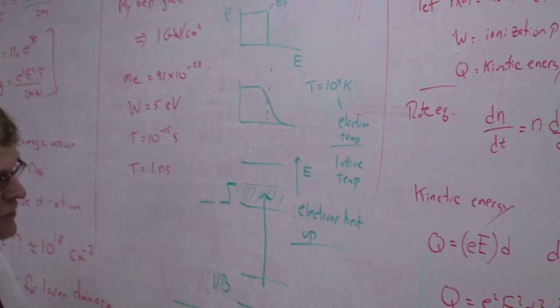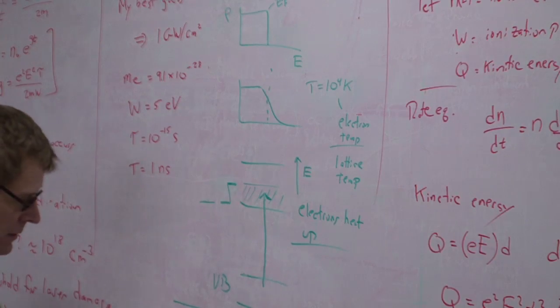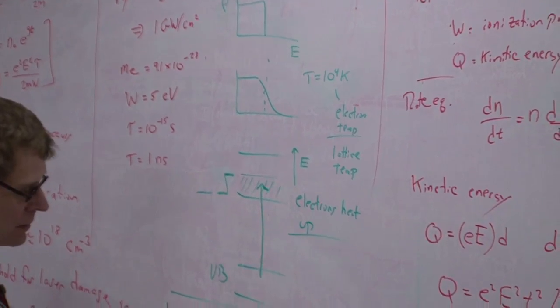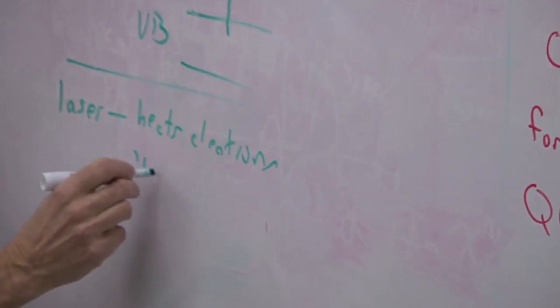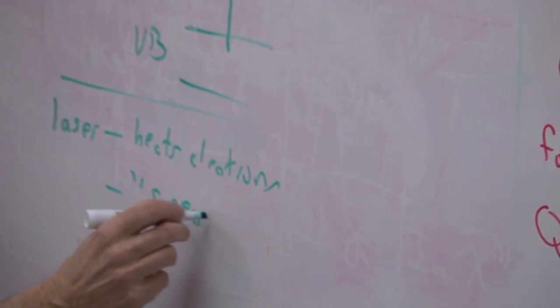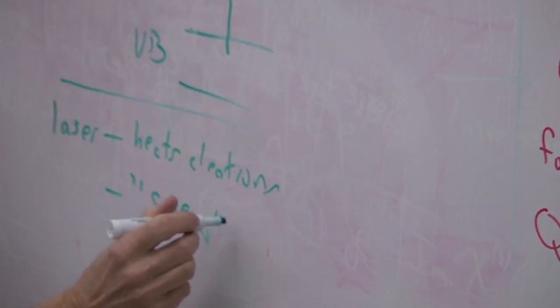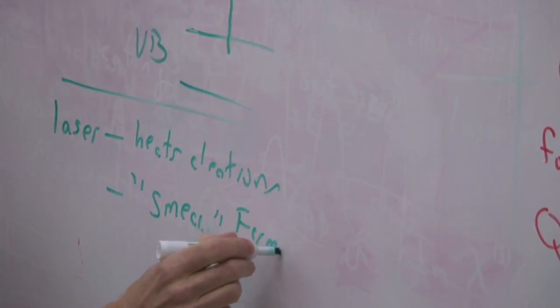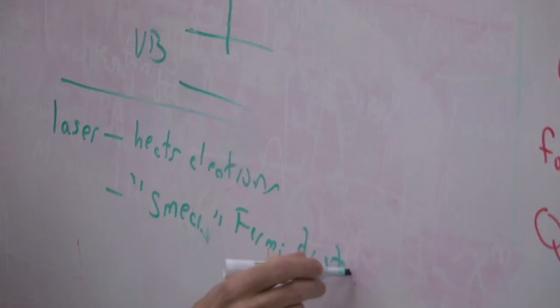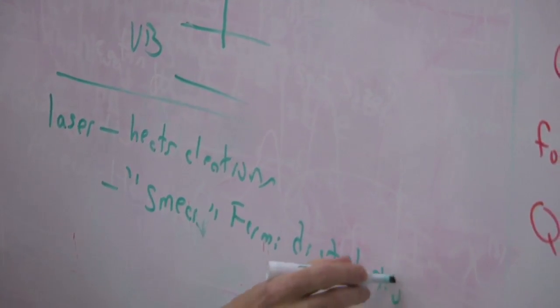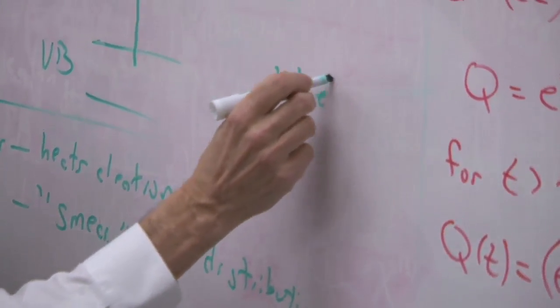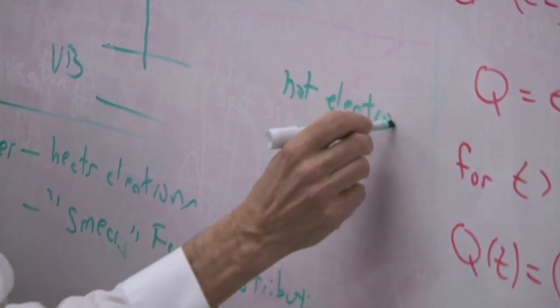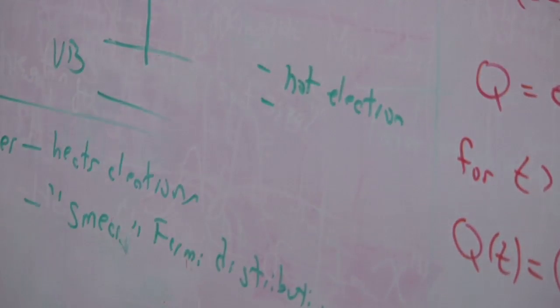So the logic is that the laser heats the electrons. This smears the Fermi distribution. This model has 3 different names.